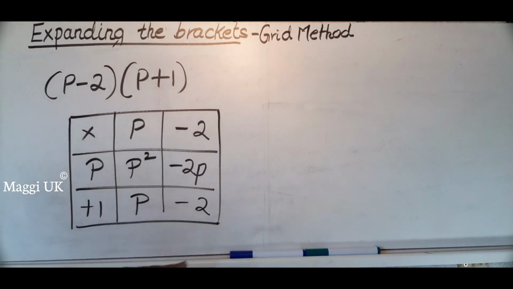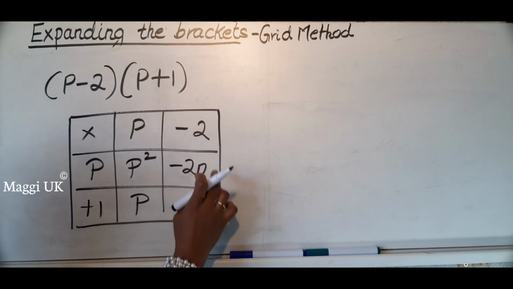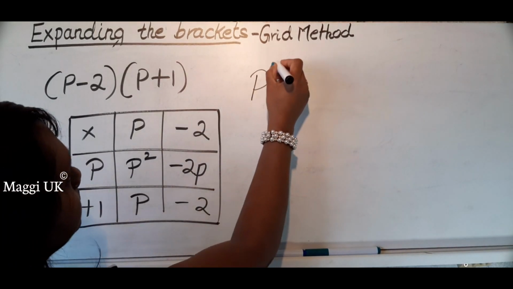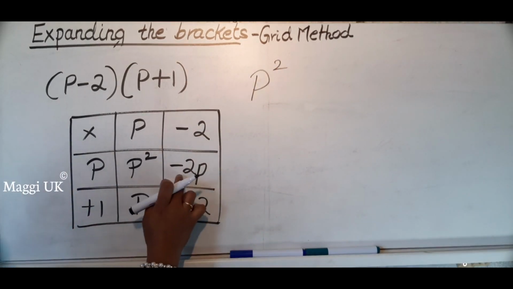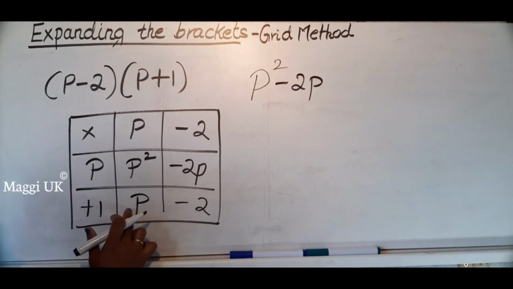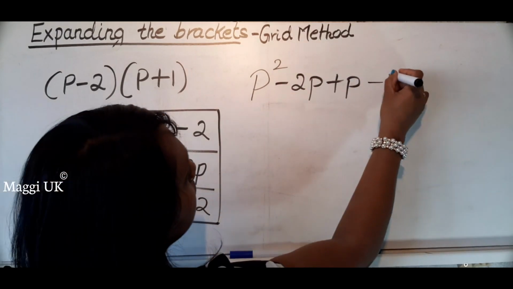So once you've done this one, we have to leave this part and we are going to take only whatever we multiplied. So the first one, which is a P squared, that will come P squared. And then this one, which is a -2P. And then the next one, which is a positive P. And then this one will be your -2.